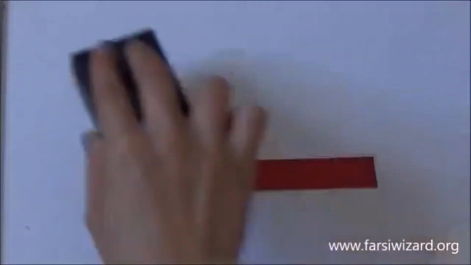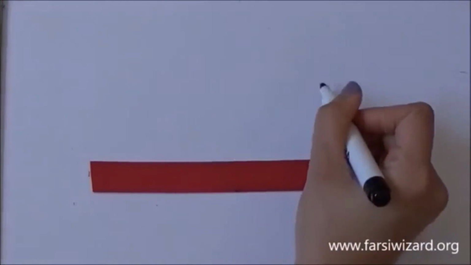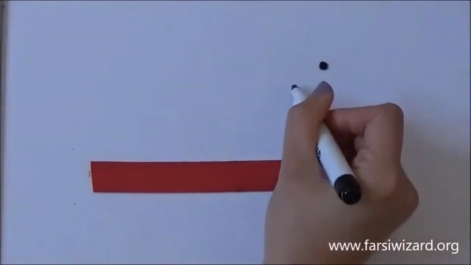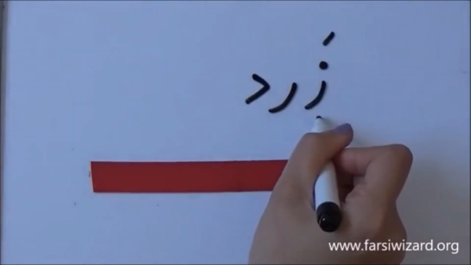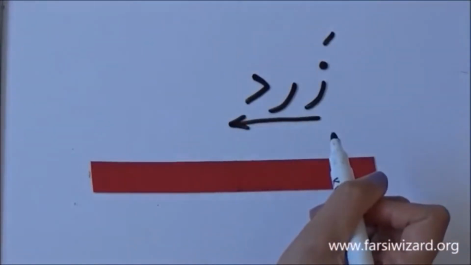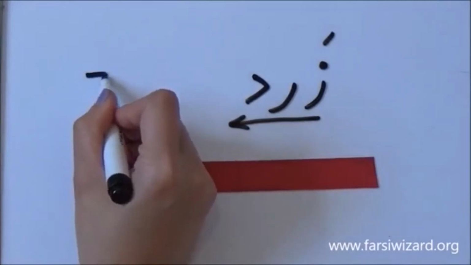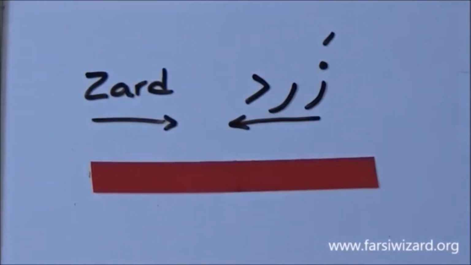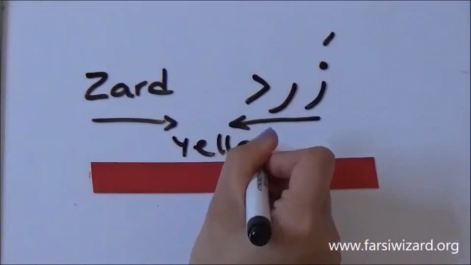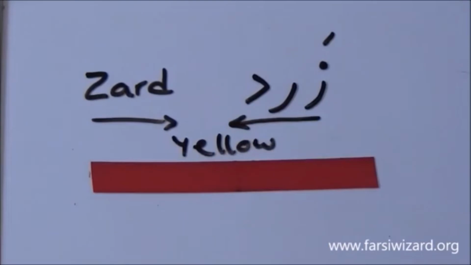All right, now it's time to practice a few words written with these letters. Remember, in Persian we write from right to left. In English, obviously, it's the opposite, left to right. All right, let's see if you can decode this word, which actually means yellow.